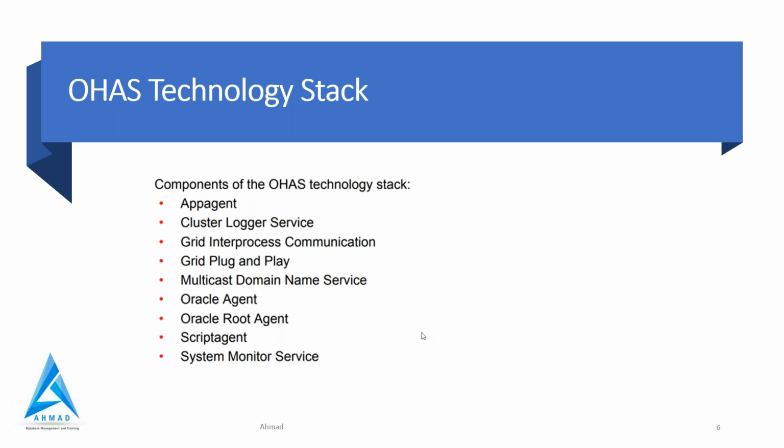Now grid interprocess communication, as the name says, that is GIPC. This is the daemon that enables redundant interconnect usage. In communication I will talk about it more. And GPNP, that is grid plug and play, provides access to the grid plug and play profile and coordinates updates to the profile among the nodes of the cluster.